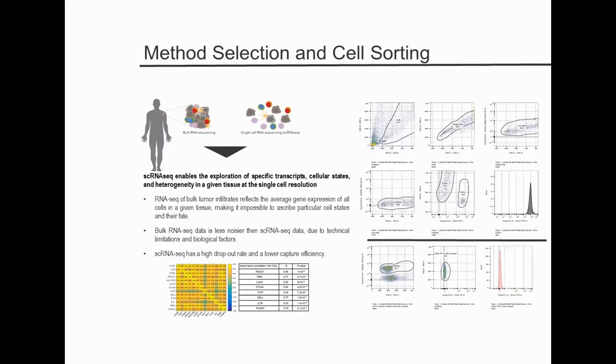The genes that we see by using bulk RNA-seq are usually correlated with the degree of infiltration of specific immune cells, and in melanoma, it's mostly T-cells.